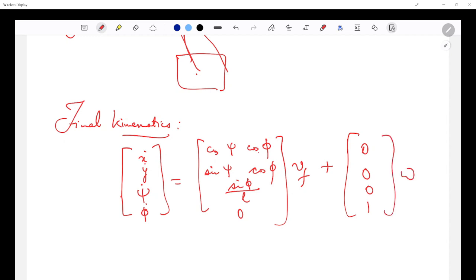So the motion is basically rotation about instantaneous center C.